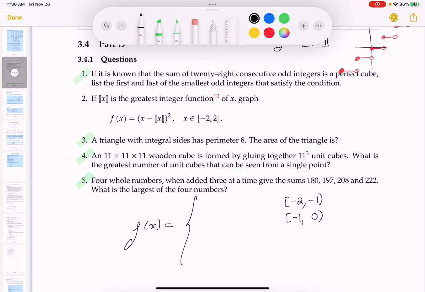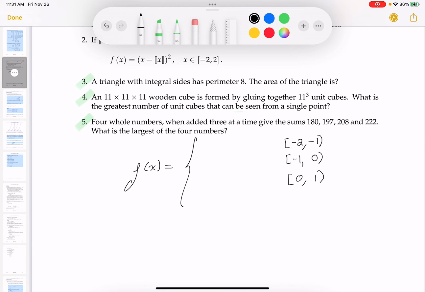And then it's going to start at 0. I'll put this one down for you. It's going to start at 0 and then go to 1. It's going to jump at 1.